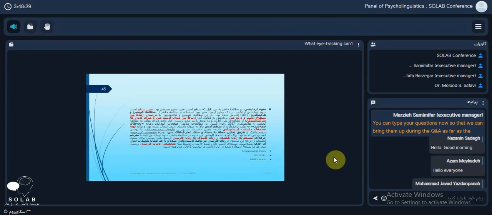They wanted to find the pattern of reading between two groups of people, who are experienced in reading the story and who are not experienced in reading the story.